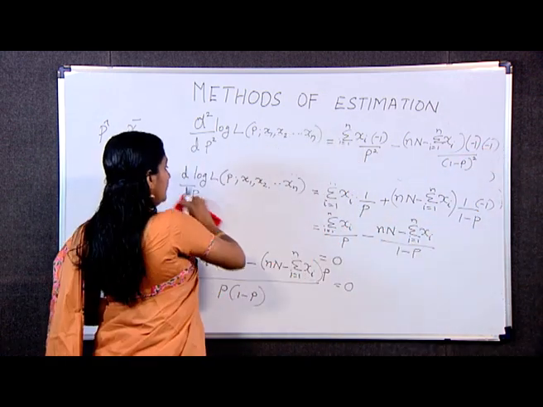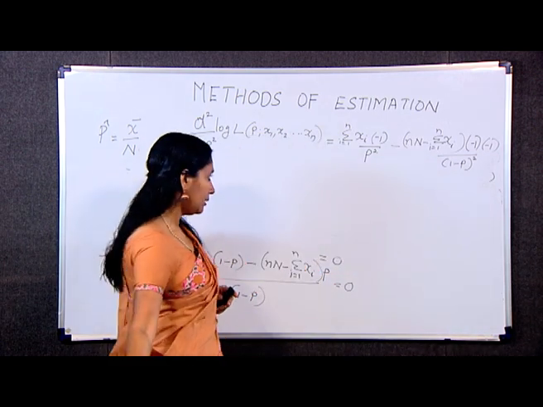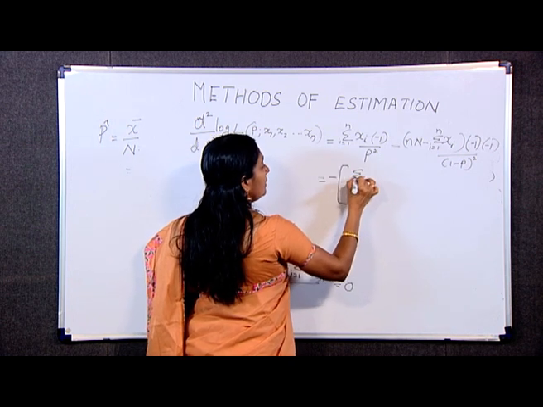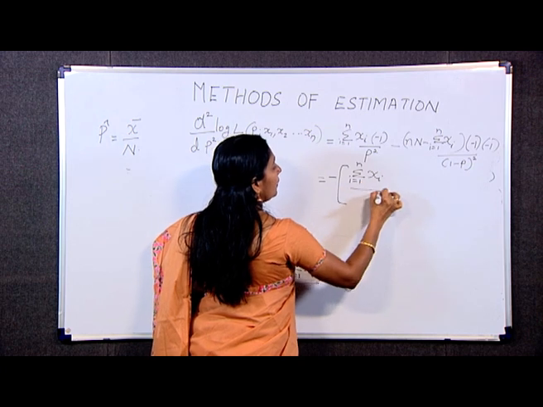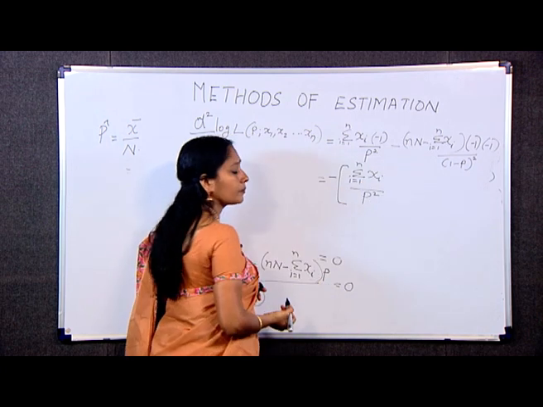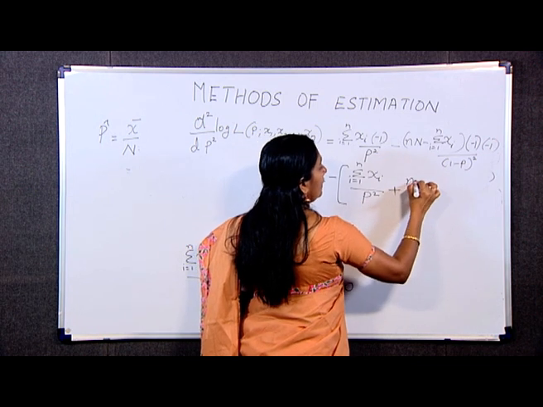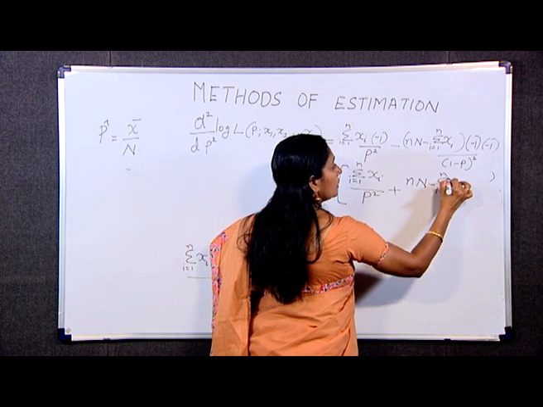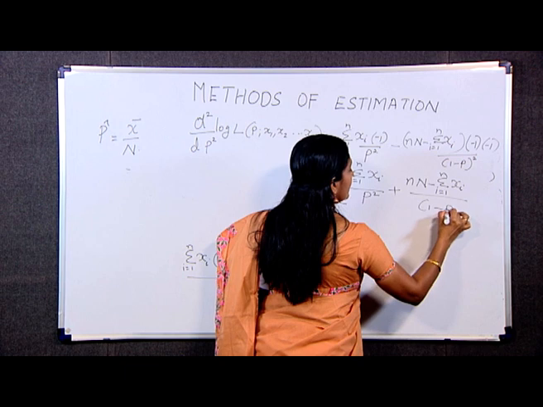And we can write this as minus of summation i is equal to 1 to n x i divided by p square plus n minus summation i is equal to 1 to n x i divided by 1 minus p all square.